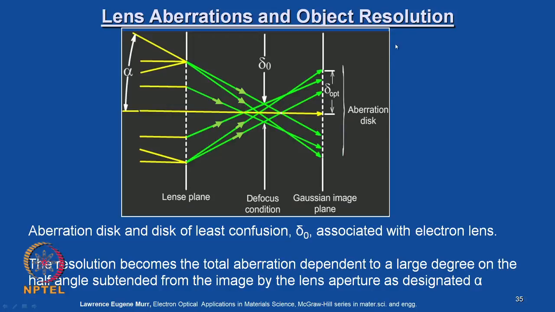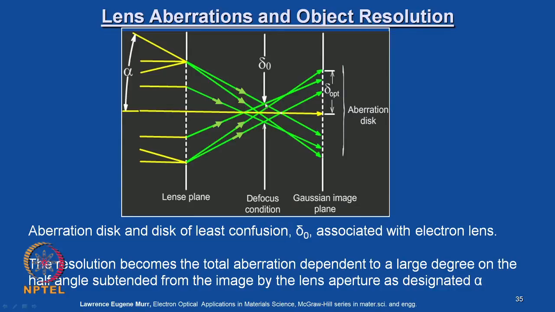Look at this schematic. What you are seeing is a lens plane, where you have the range of alpha, that is the aperture angle. Look at this ray tracing path: each ray is focusing at a different point, and this is the region we call the disk of least confusion.